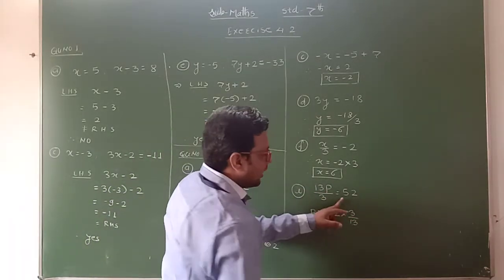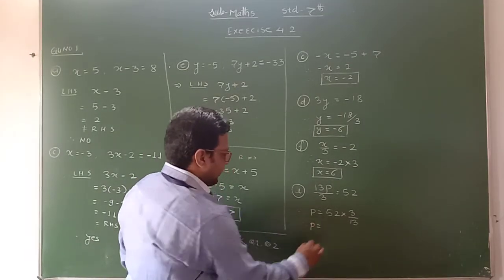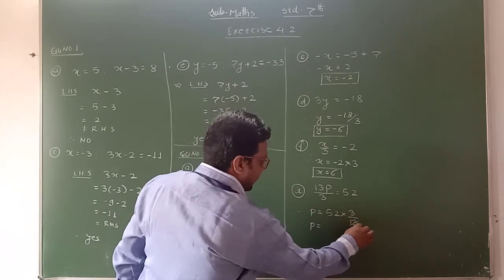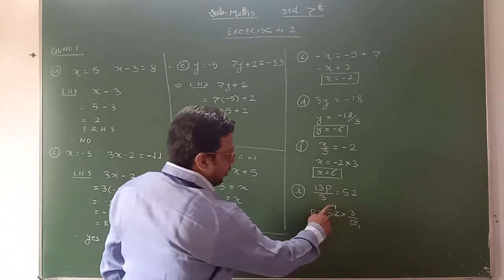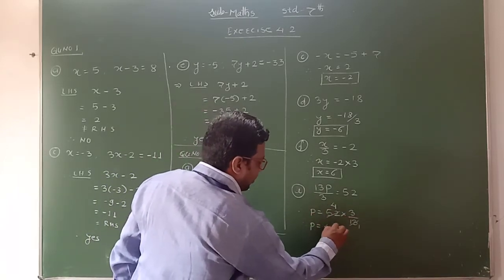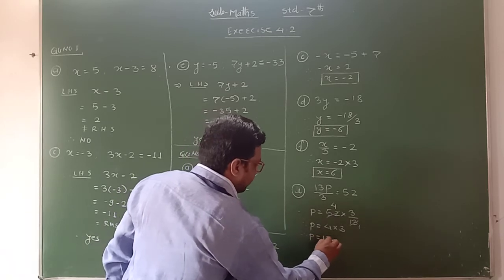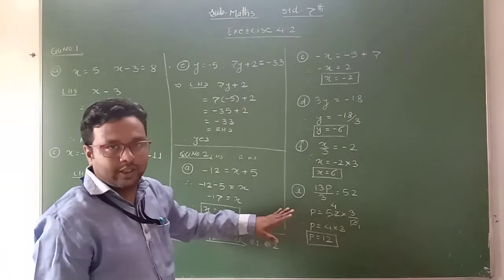Therefore here we write 3 upon 13. Therefore p is equal to, now, 13 ones are 13, 13 fours are 52. Okay. Then 4 into 3, what is remaining here? 4 into 3. Therefore p is equal to 4 3s are 12. p is equal to 12 is the answer for the given equation.